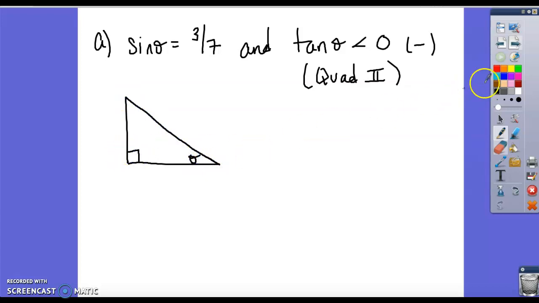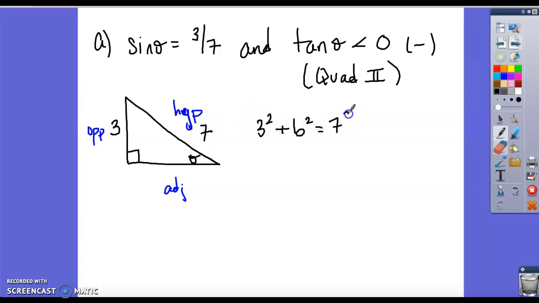of this angle. So here is my opposite side. Here's my adjacent. Here's my hypotenuse. If sine is 3/7, that means that the opposite side is 3 and the hypotenuse is 7. So I need to use the Pythagorean theorem to find that adjacent side.